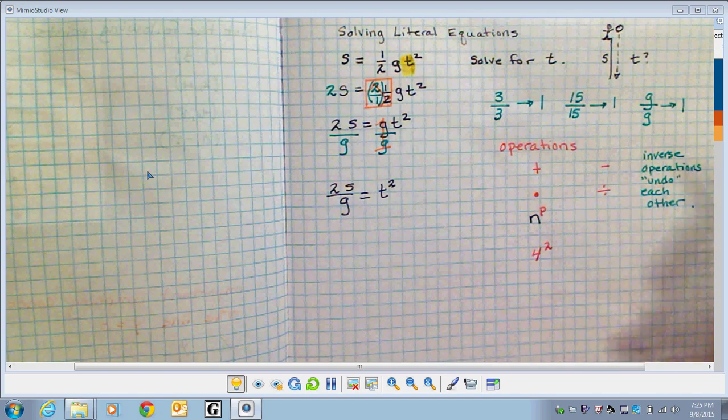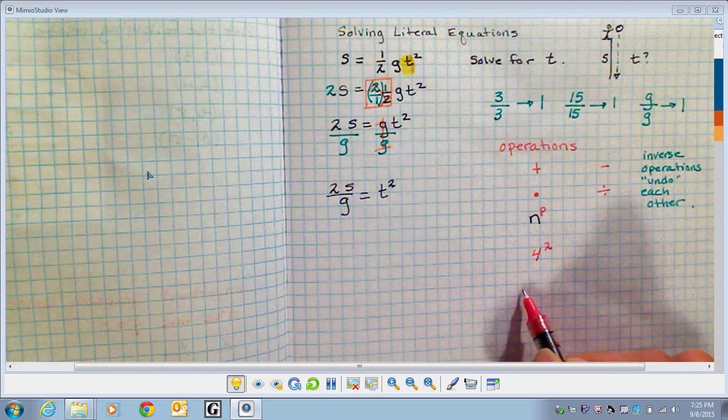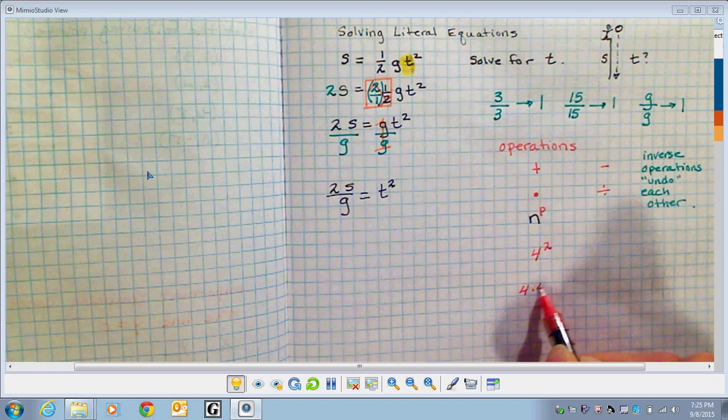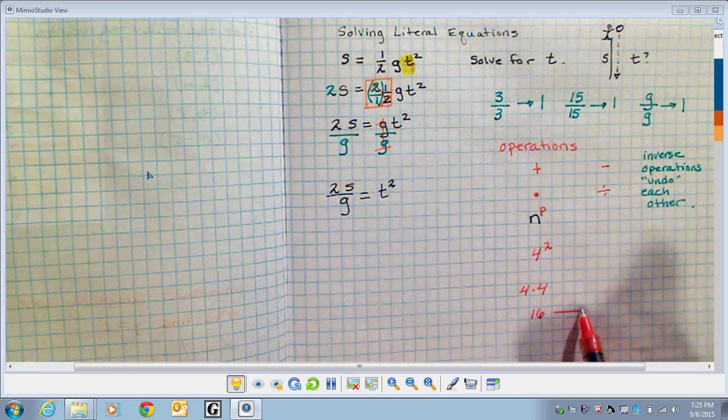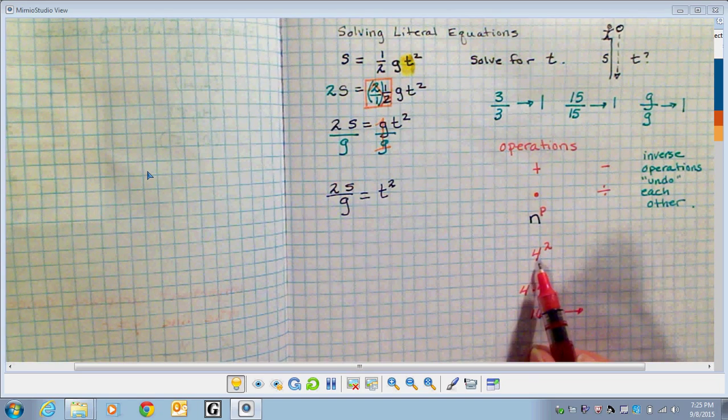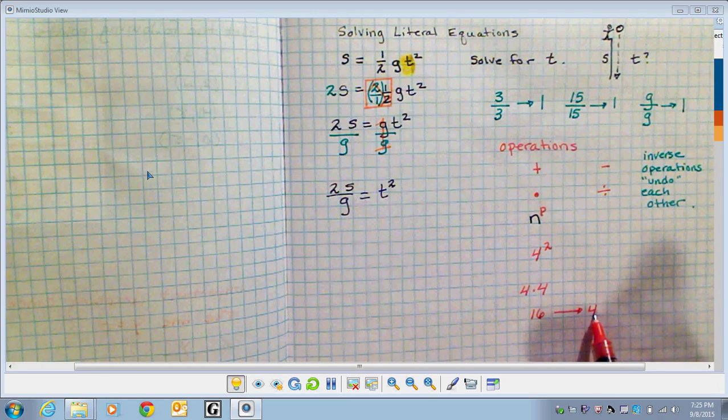So we know 4 squared is the same as 4 times 4, which gives us 16. So the question is, how do I get from 16 back to the original base? The original base was 4. So how do I get from 16 to 4?